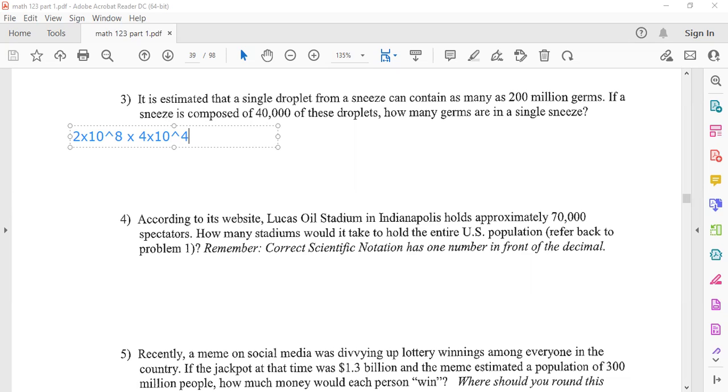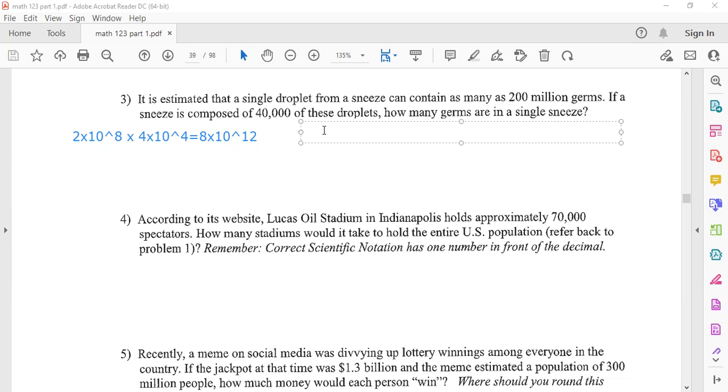So when we multiply those, this is a nice easy one. 2 times 4 is 8 times 10 to the 8 and 4 is 12. So 8 times 10 to the 12th. So that made it easier to work with than a whole bunch of zeros. Now we need to translate that, write our meaningful sentence.